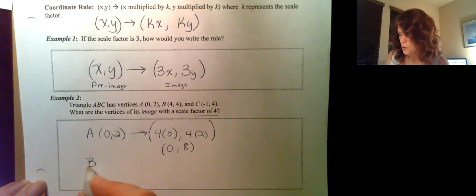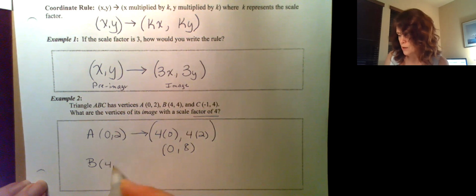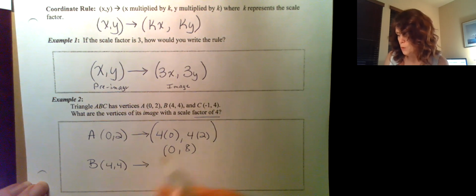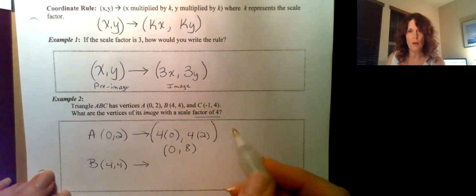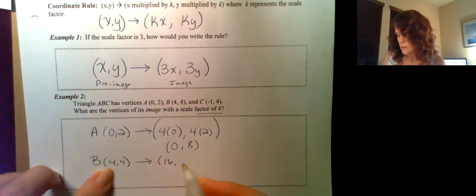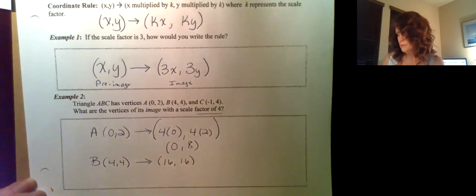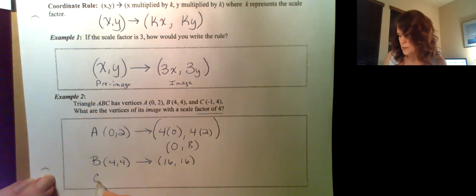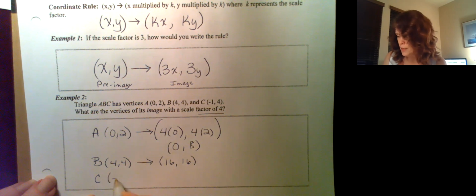For B, I'm not saying that you would have to show this work. I think you can probably do it in your head. We're going to multiply each x and y value by the scale factor of 4. So 4 times 4, and 4 times 4. Okay. And same thing with C. It was -1, 4.